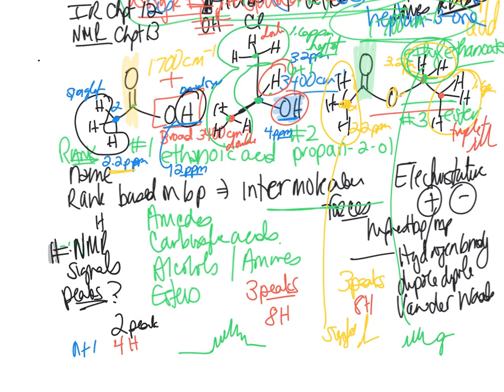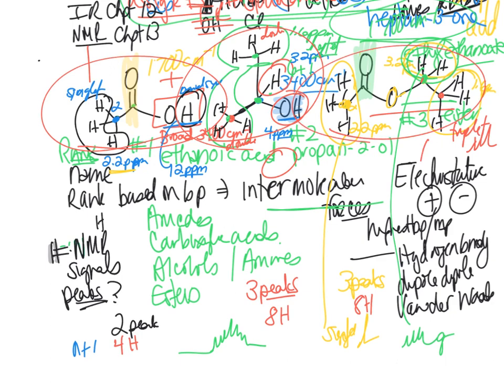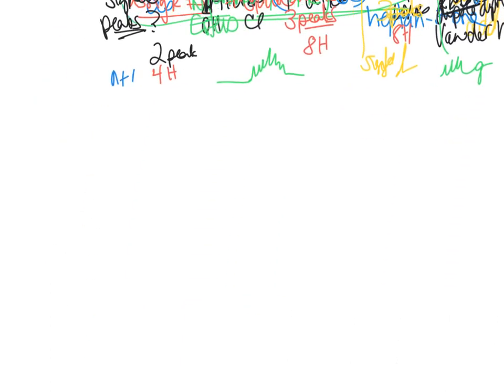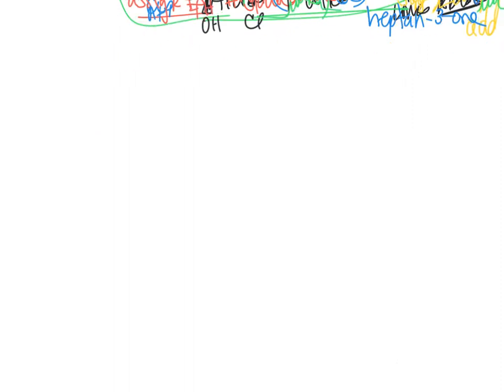Now let's do degrees of unsaturation. How many degrees of unsaturation for this first compound? 1. How many for the next one? 0. How many for this last one? 1. So what's degrees of unsaturation? How many does this one have? Okay, and let's talk about its NMR and IR spectra.